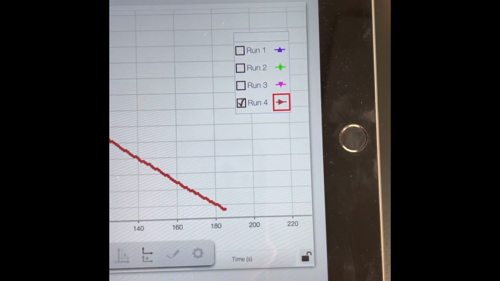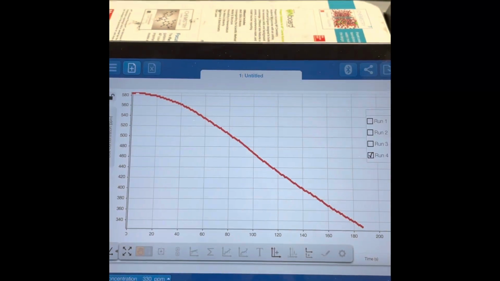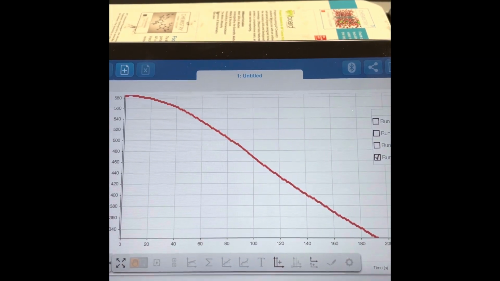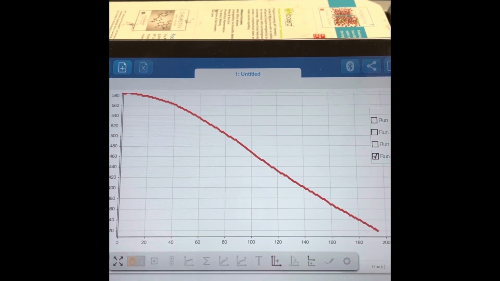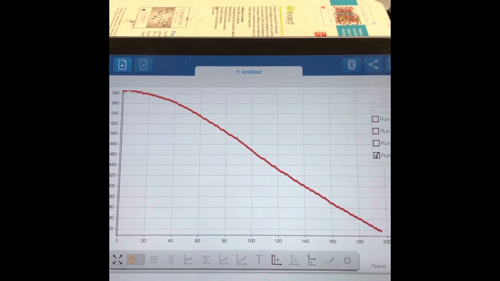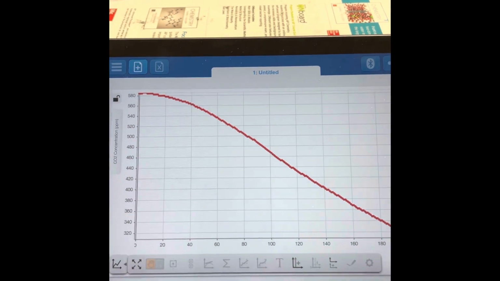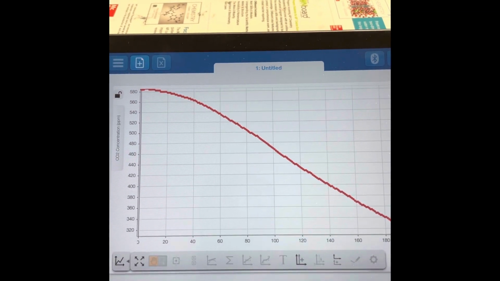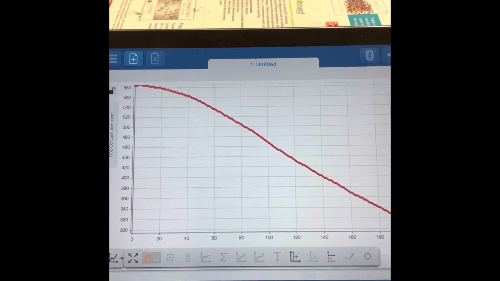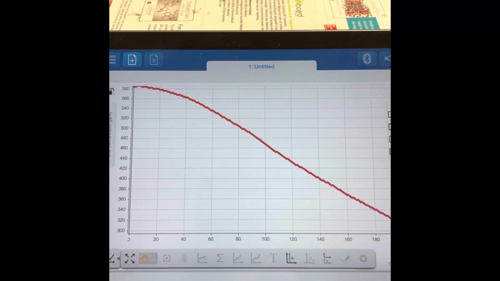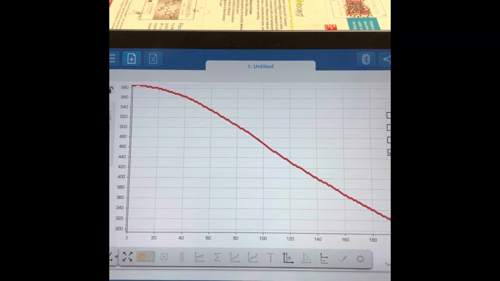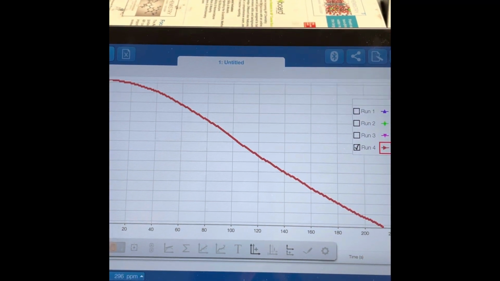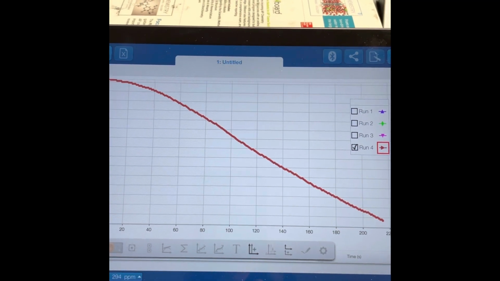Maybe 1 more minute. It doesn't seem to be leveling off. Interesting. CO2's decreasing significantly. I wonder what's going on there.